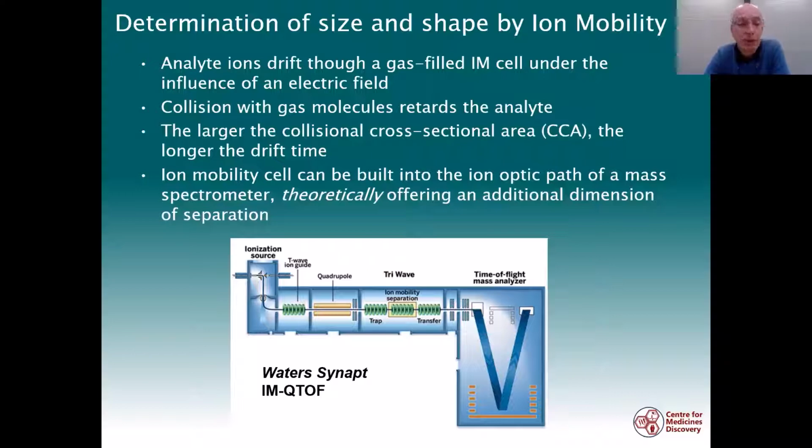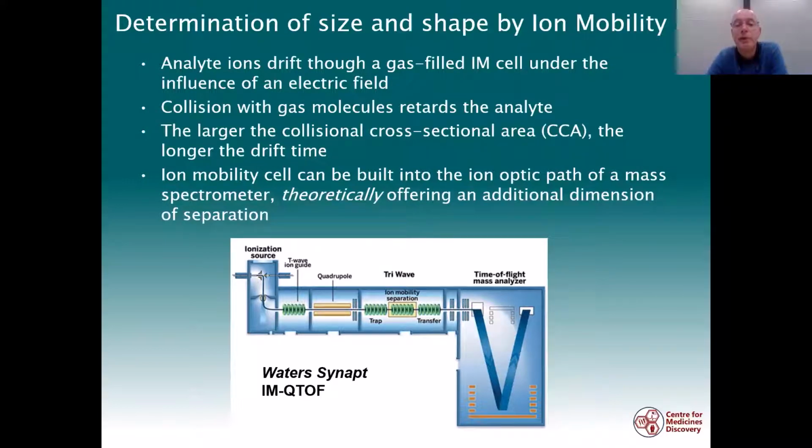The number of gas molecules they collide with depends on what's called their collisional cross-sectional area, or the CCA. So the larger the collisional cross-sectional area, the longer the drift time will be. And ion mobility has been around for a very long time. It has been incorporated into mass spectrometry, I would say, for about the last 20 years.